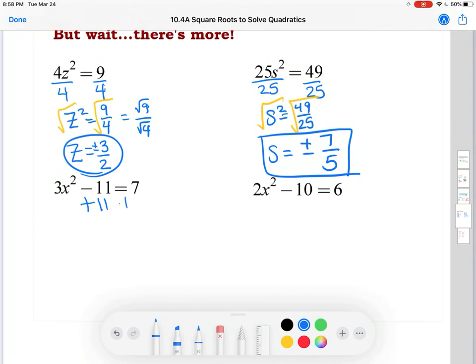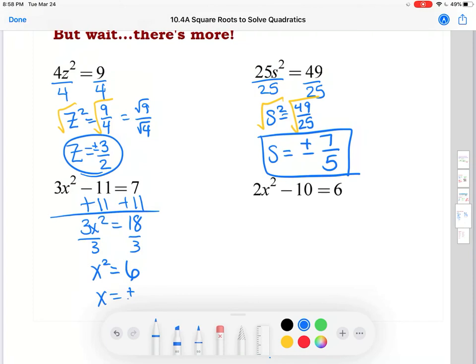This one here, we're going to add 11 to both sides. This one's a little trickier, it looks like. 7 plus 11, 18. Now we have to divide by 3. So we get x squared equals 6.